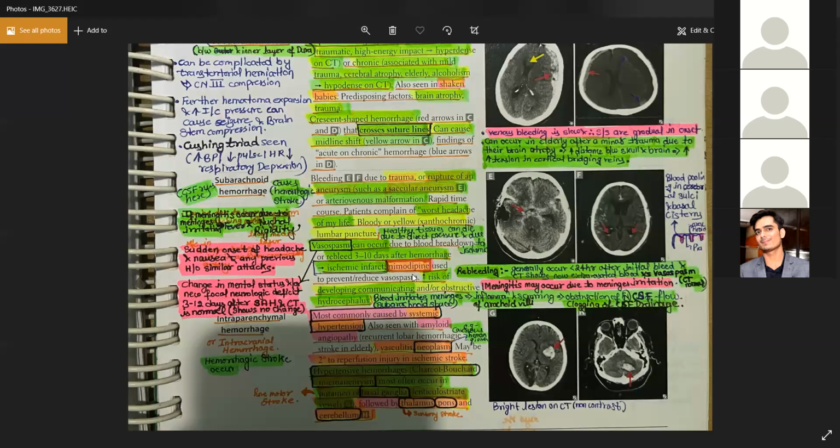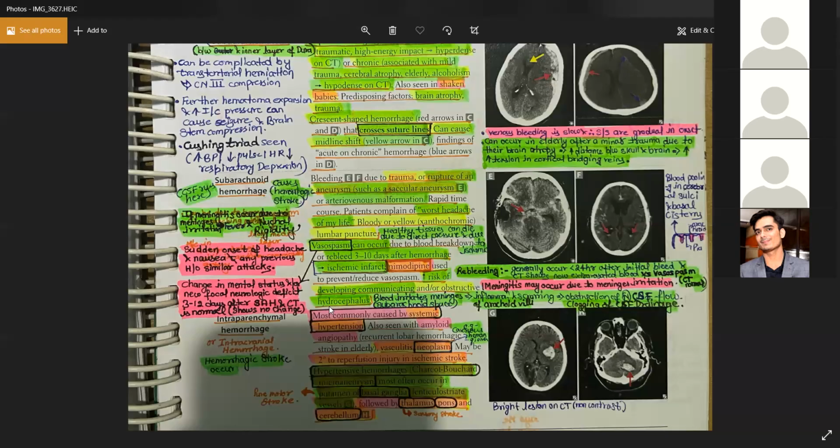And how will you treat that condition? You need to give the patient calcium channel blockers, that means nimodipine. Now, this is the risk that happens after 3 days. At the time of acute presentation, the patient can have other complications also, like hydrocephalus, because all this blood is mixing in the CSF. Ultimately, the CSF needs to be absorbed by the veins, and that's done by the arachnoid granulations, right?